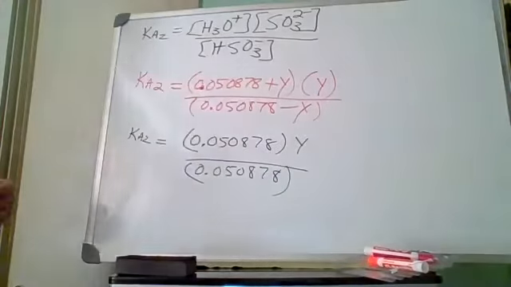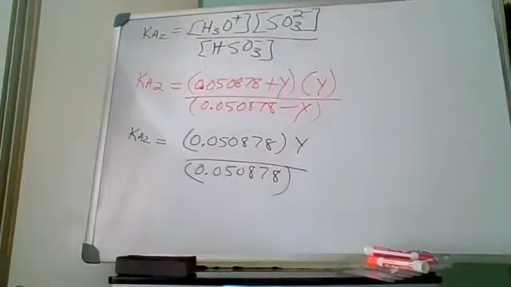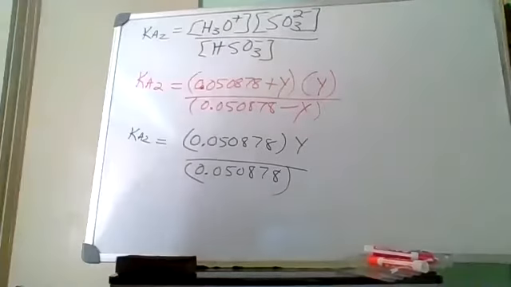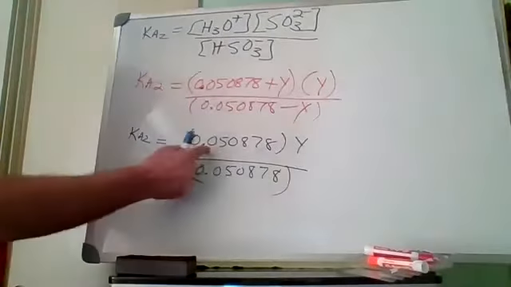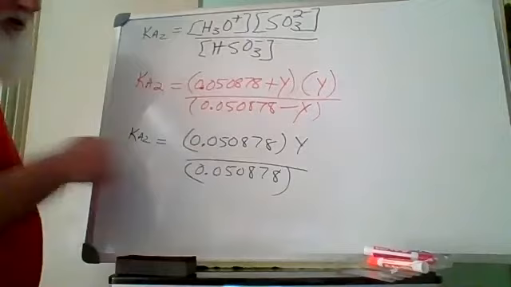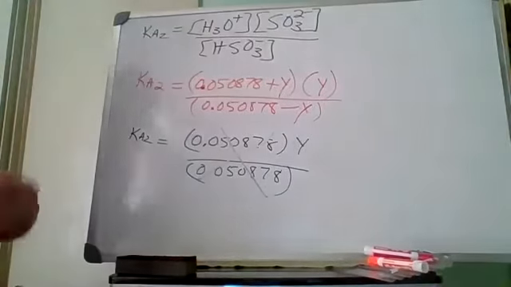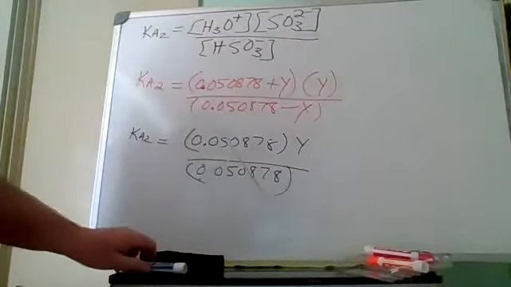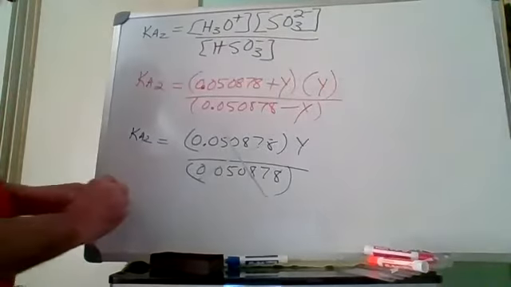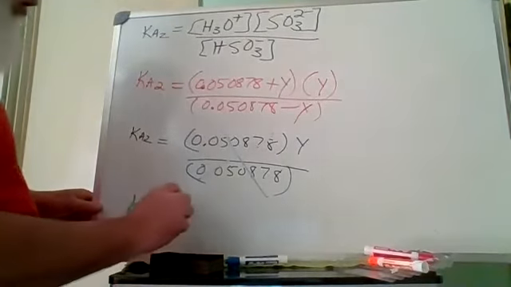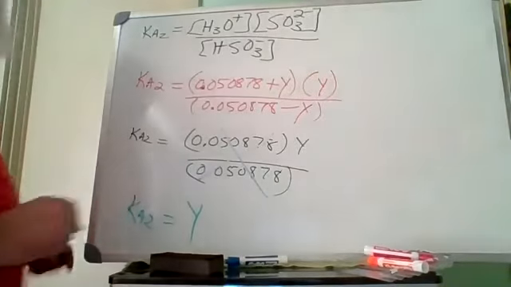And looky here, something pretty cool. This cancels, right? This is identical to this. So this all cancels. That's equal to 1. So underneath, let's write what's left. Ka2 equals y.